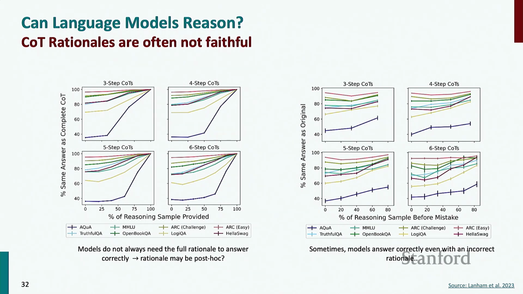And if I add a mistake after the last step, that maybe doesn't change the answer all that much. But again, we find that for some data sets, you can add a mistake in the first sentence in your rationale and the answer is not going to change all that much. And so that's also an indicator that maybe these rationales are post hoc explanations of the model's behavior.